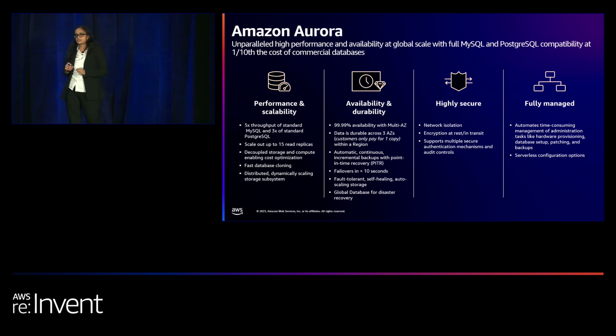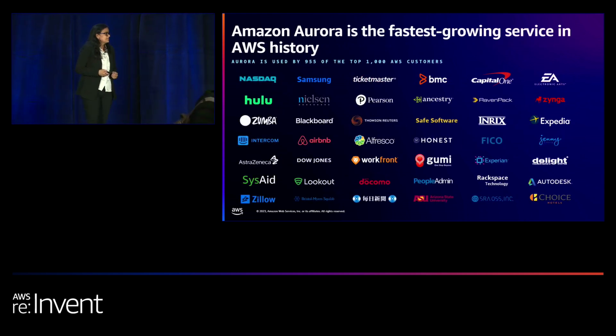And you get the security, availability, and reliability that you expect in a commercial database, but at one-tenth of the cost. We have hundreds of thousands of customers using Aurora. This is one of our fastest growing services on AWS. Out of our top 1,000 customers, more than 950 use Aurora. So it's a very, very popular database.